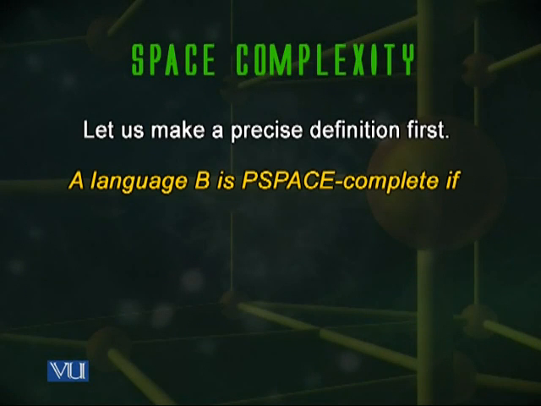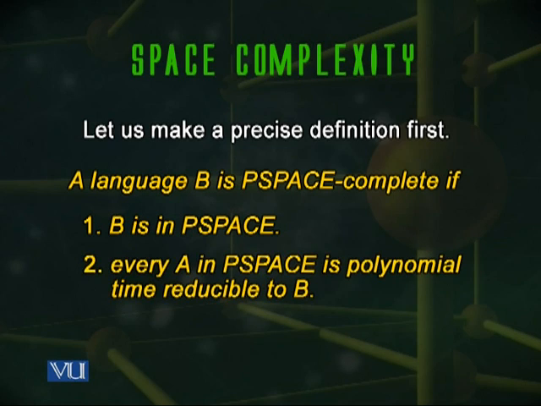We are looking at a language B, and we will call it PSPACE-complete if B is itself in PSPACE, and second, every language A in PSPACE is polynomial time reducible to B. If a language has the property that all the languages in PSPACE are reducible to it, we'll simply call it PSPACE-hard.